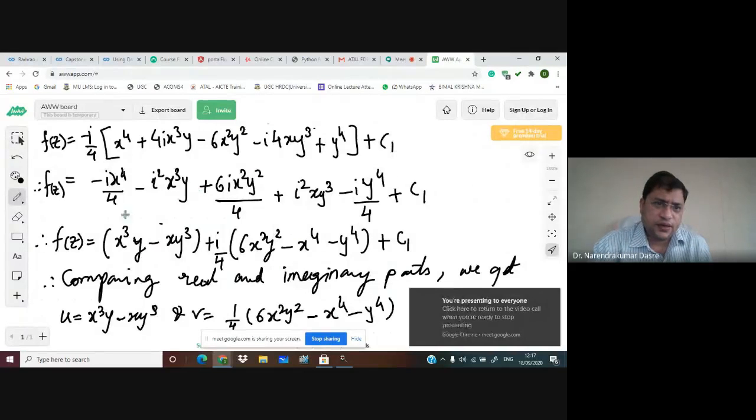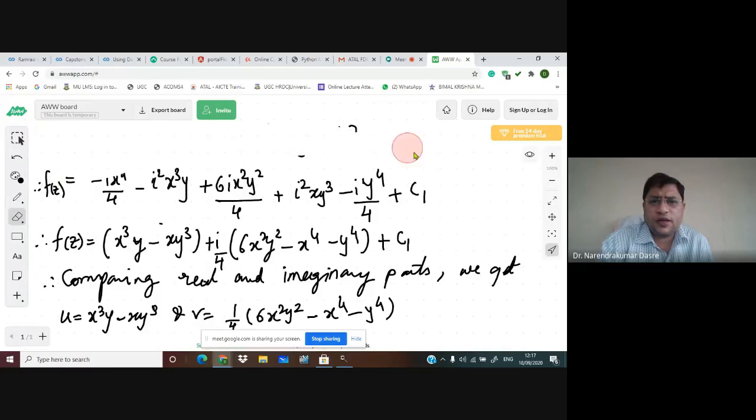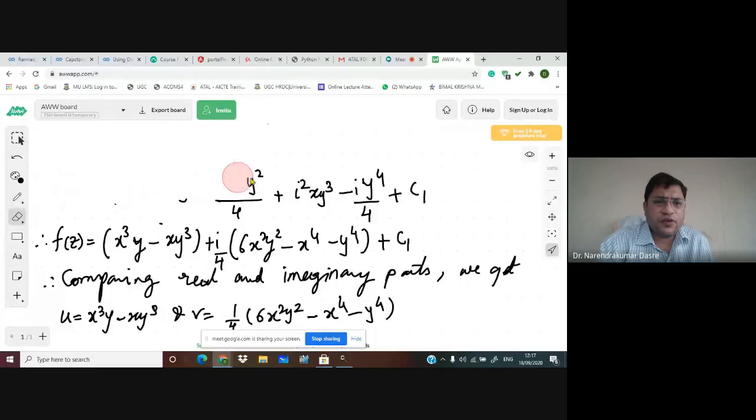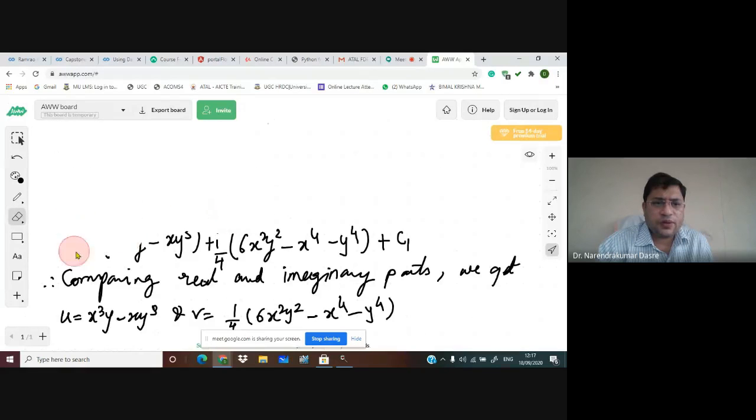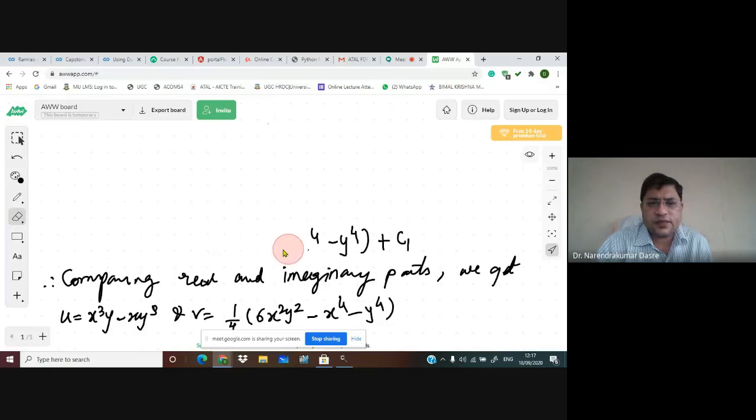Okay, and here, hence after this, we can write the orthogonal trajectories. Once we have separated the real and imaginary part, we are able to write the orthogonal trajectories.